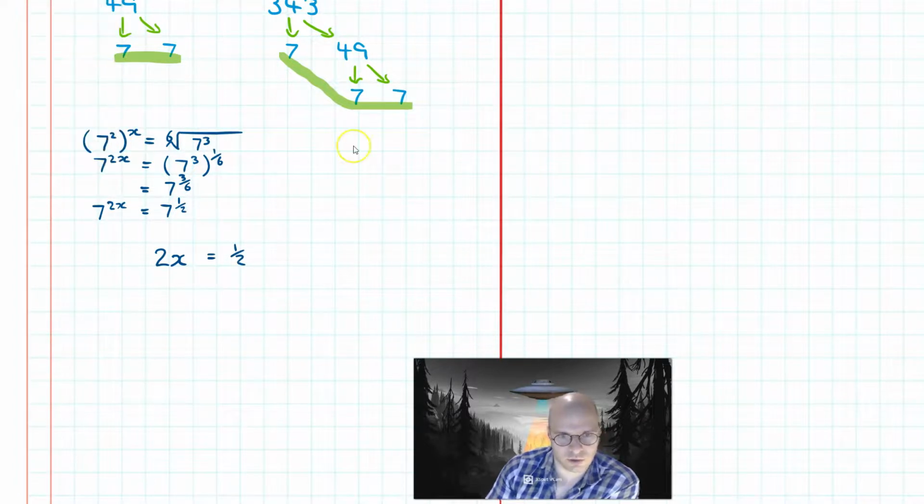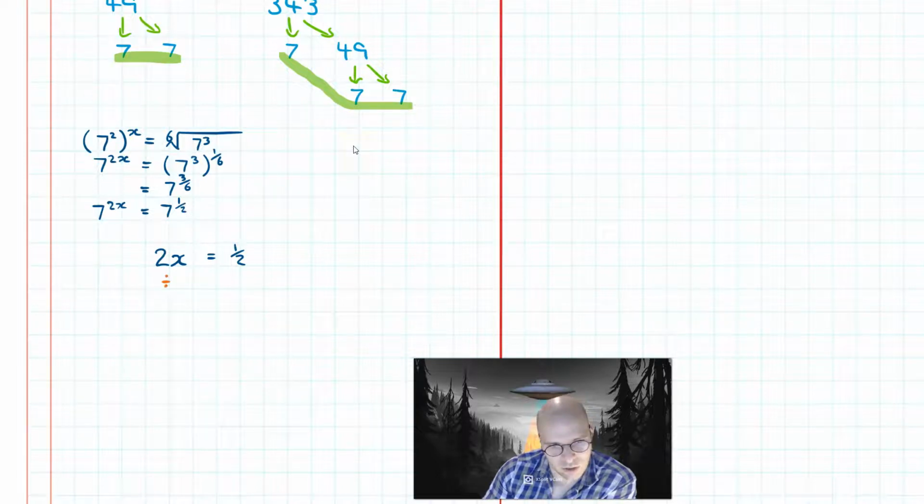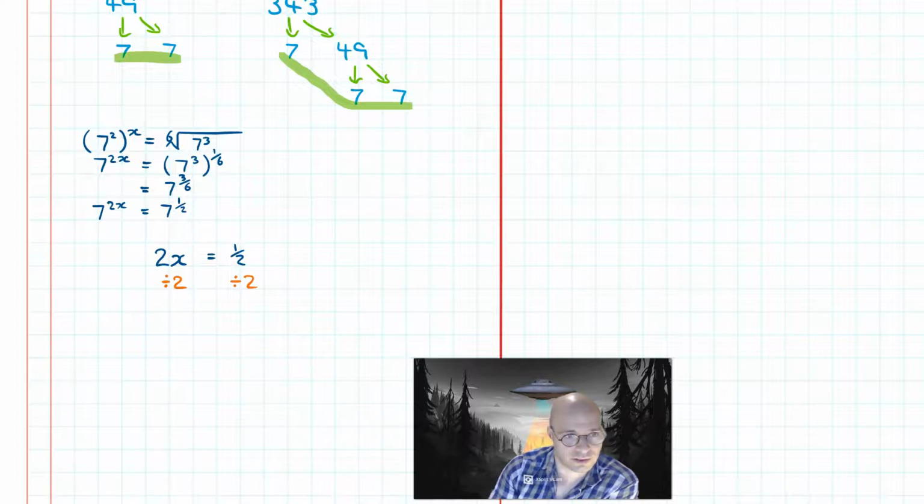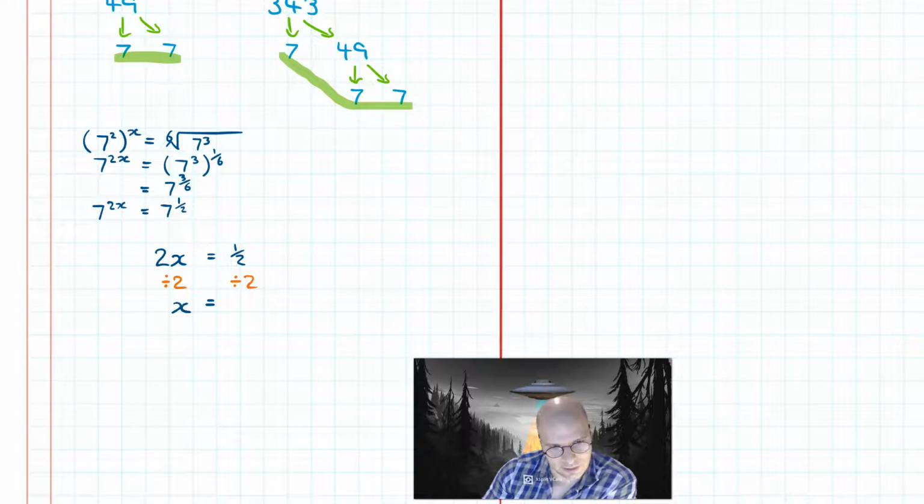Now I don't care about what 2x is, rather I care about what x is, so I'm going to divide both sides by the coefficient of x, which is going to leave me with x is equal to a half divided by 2, and using my fractional division I can turn it into times a half, which in turn reveals an answer of a quarter, or I can say it's 0.25, however you want to represent it.